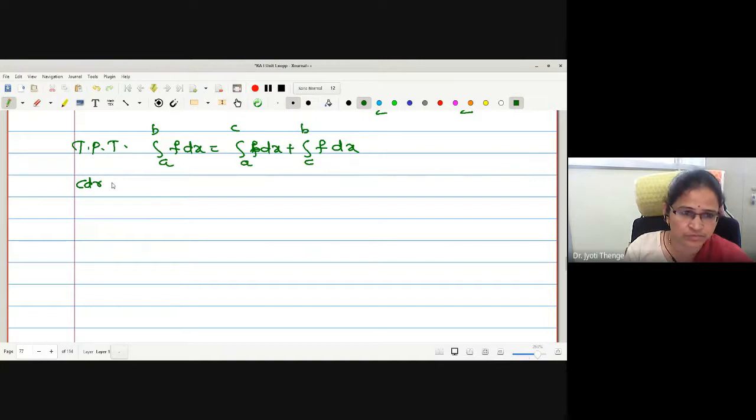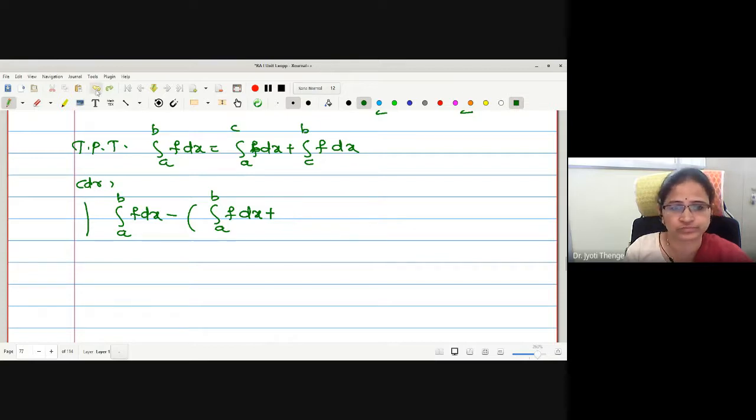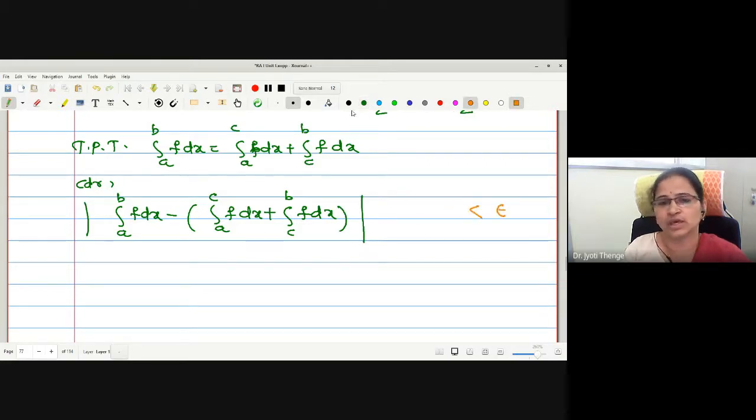Consider modulus of left hand side minus right hand side, integration a to b f dx minus integration a to c f dx minus integration c to b f dx, and the aim is to show that this is less than epsilon. If I show this term is less than epsilon, this statement holds.